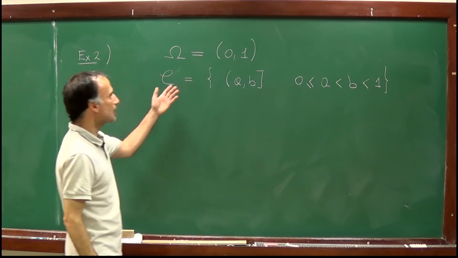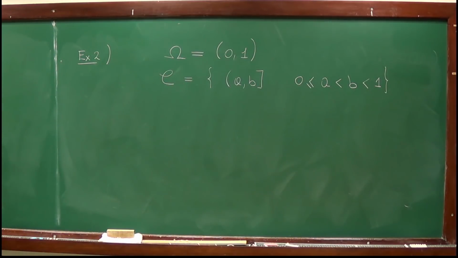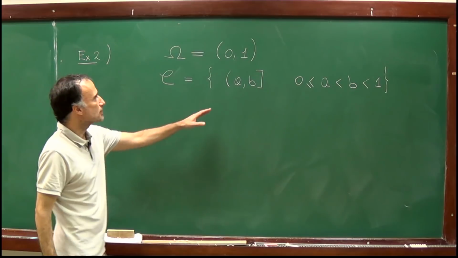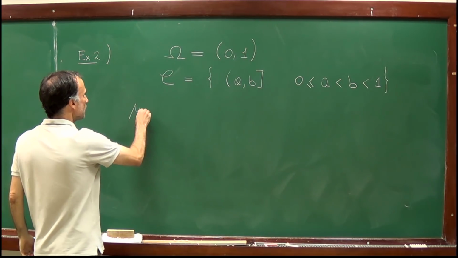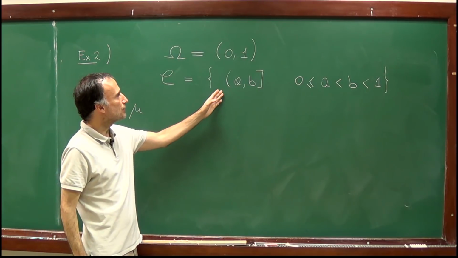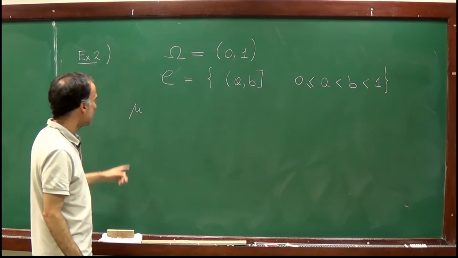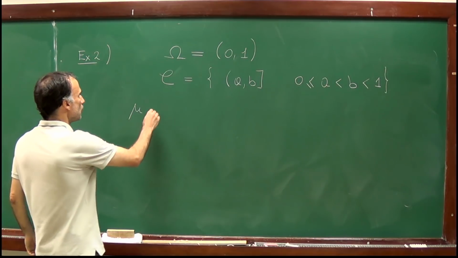So this is a class of subsets of omega. Let's include in this class the empty set, and I will define mu on C.